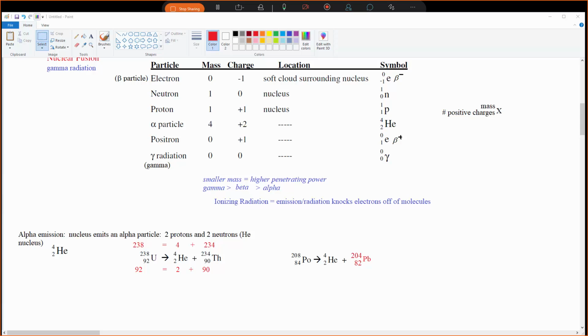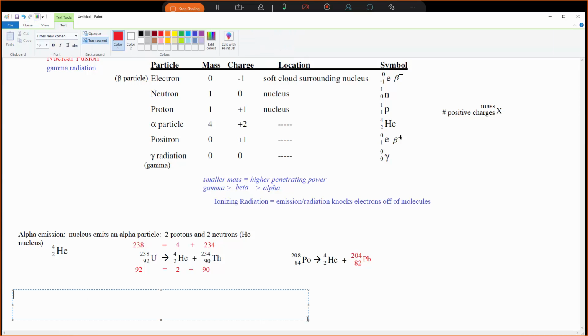All right, so that's alpha emission. Next we have beta emission, where the nucleus emits a beta particle, which is basically 1 electron. Sudoku chemistry.